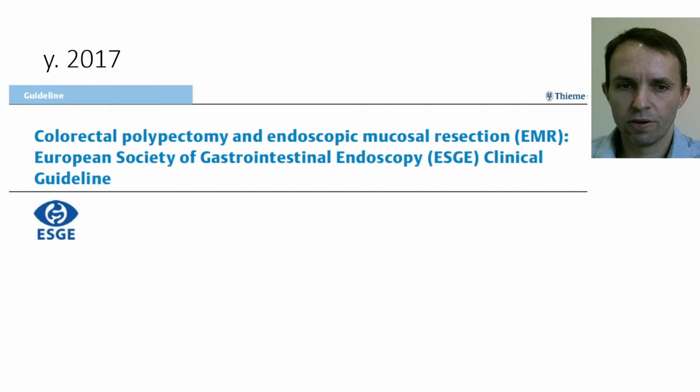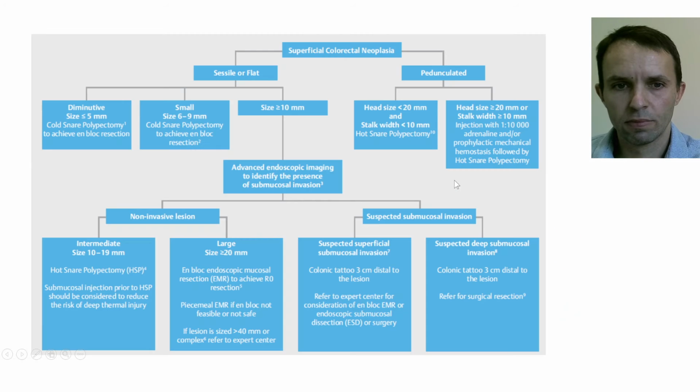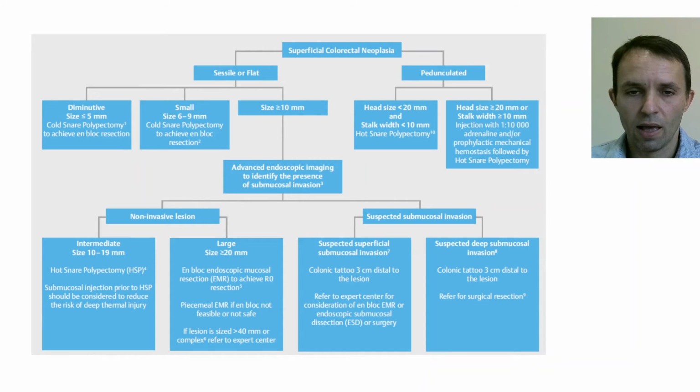For all other lesions and how to manage them, we have a beautiful guideline published in 2017 by ESGE, and its name is colorectal polypectomy and endoscopic mucosal resection. At this point, I would like to finish episode number 6 and leave the more detailed discussion about polypectomy techniques for the next episode.